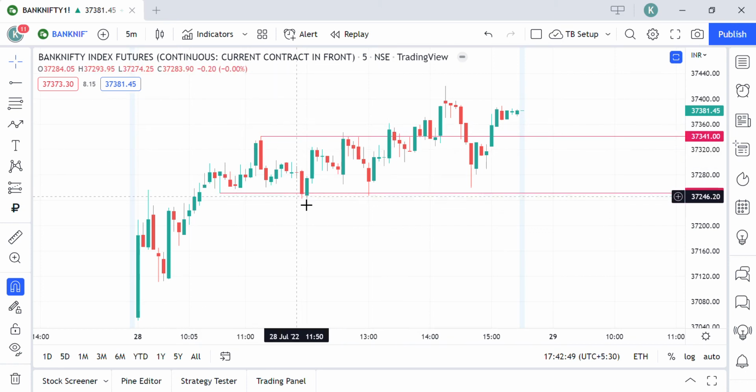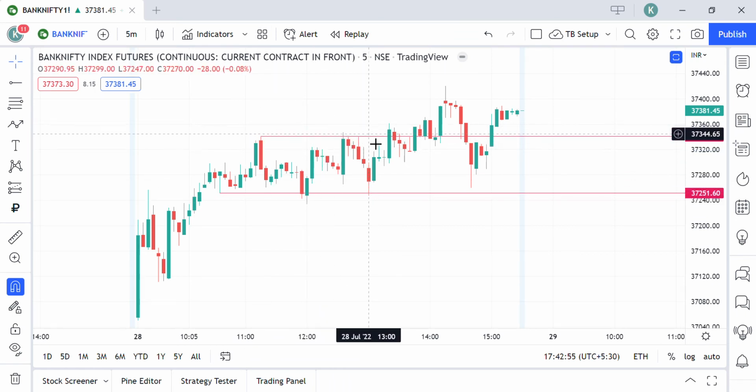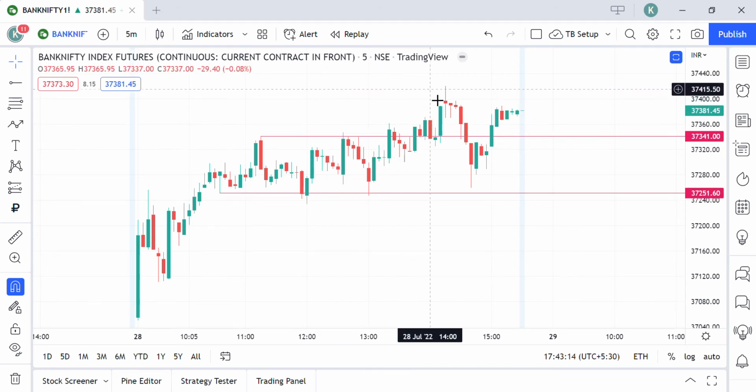So this is the low that is manipulated because just after closing it, the market went up, and this is the high that is manipulated because the market pierced it but did not close above it. Since it closed on this side, this high can be understood as a solid market structure. But again, since this high has been pierced, this low can be understood as a solid market structure. So which of these players is going to win, we don't know until price actually clears the breakdown and then reverses.